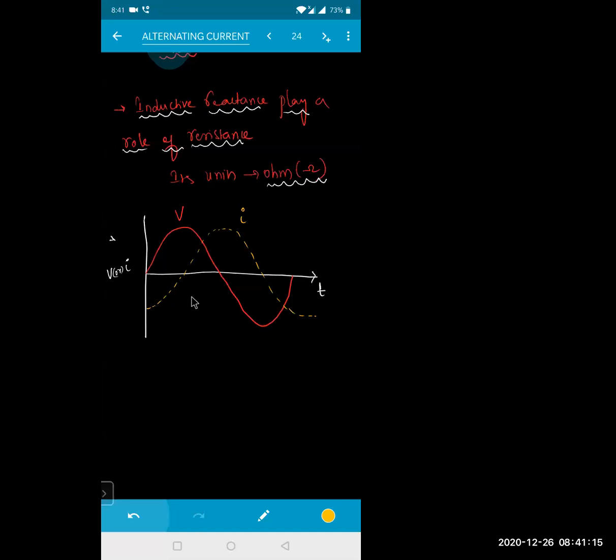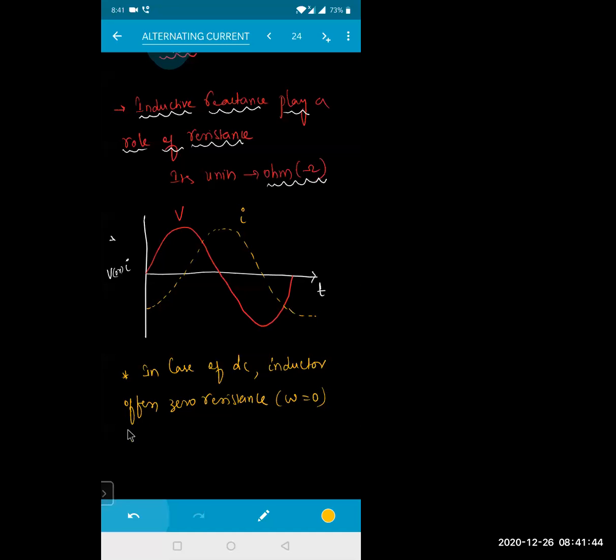That means in case of DC, an inductor offers zero resistance because omega will be zero. But in AC, it offers a resistance of XL. So I can take one point right now. In case of DC, the inductor offers zero resistance because there is no omega.